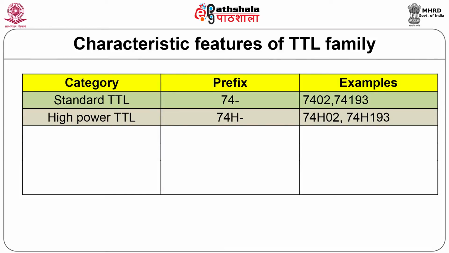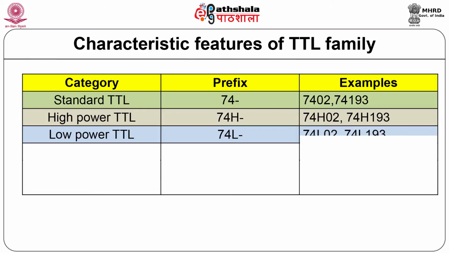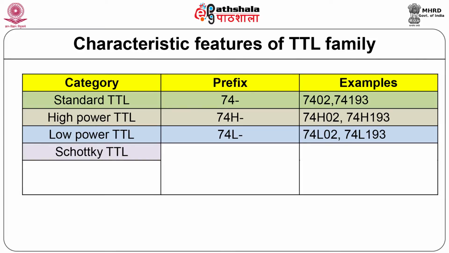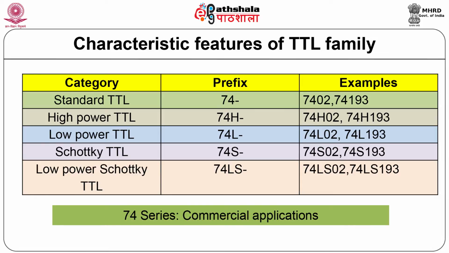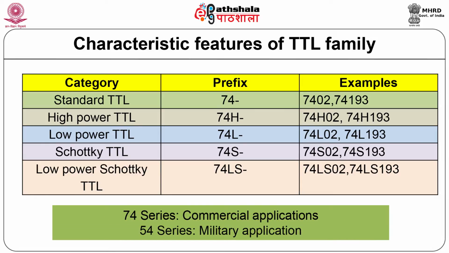Examples are 74H02, 74H193, etc. Low power TTL, prefix 74L, examples 74L02, 74L193. Schottky TTL, prefix 74S, examples 74S02, 74S193, etc. Generally, the 74 series is used for commercial applications and the 54 series is used for military applications.